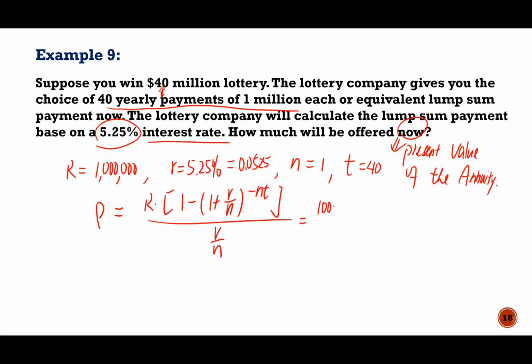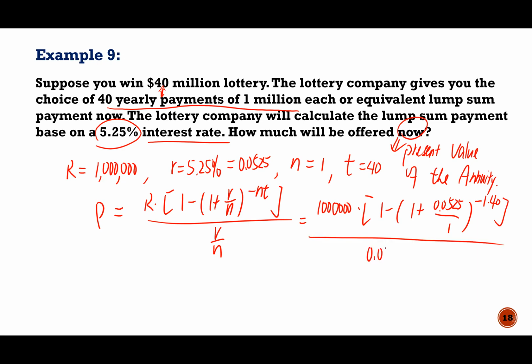So this is a million times 1 minus 1 plus rate, 0.0525 divided by 1. Okay, and it's negative 1 times 40, so negative 40 basically, the exponent, and the denominator is 0.0525 over 1.